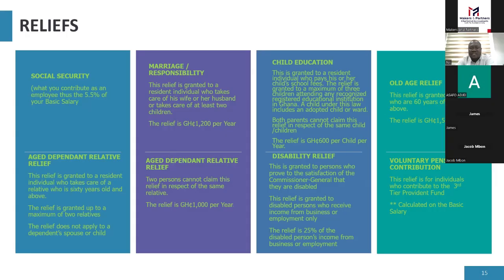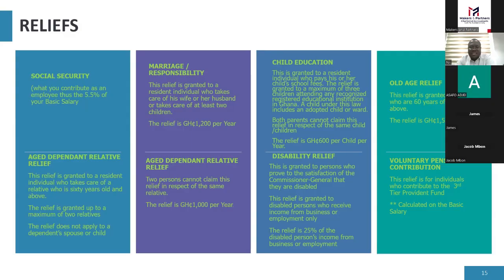You have the child education relief. This is granted to a resident individual who pays his or a child's school fees. This relief is granted to a maximum of 3 children attending any recognized registered education institution in Ghana.